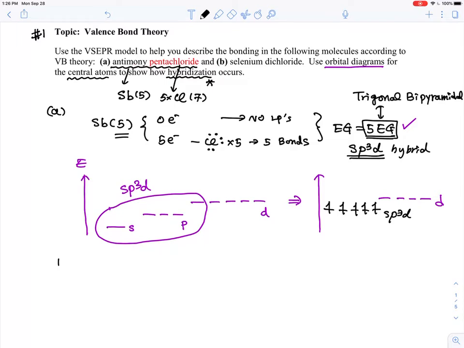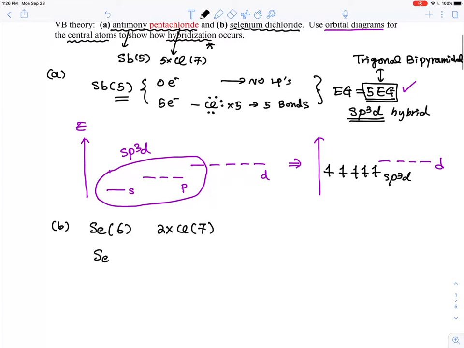So let's continue quickly on to the second topic, which is selenium dichloride. Selenium, if you look at the column, is in column 6, and once again you have a dichloride, 7 electrons. So once again, selenium's 6 electrons means you are using 2 electrons to bond to the 2 chlorines, and then what's left over?